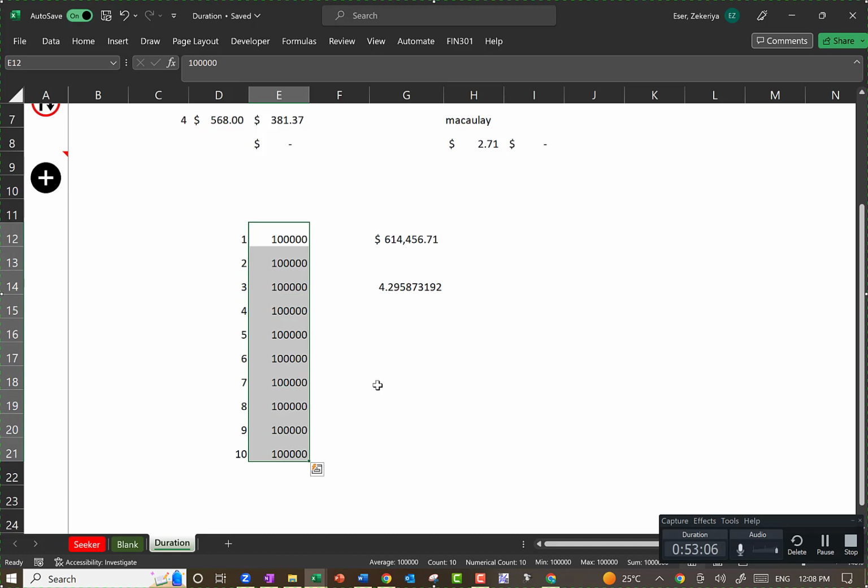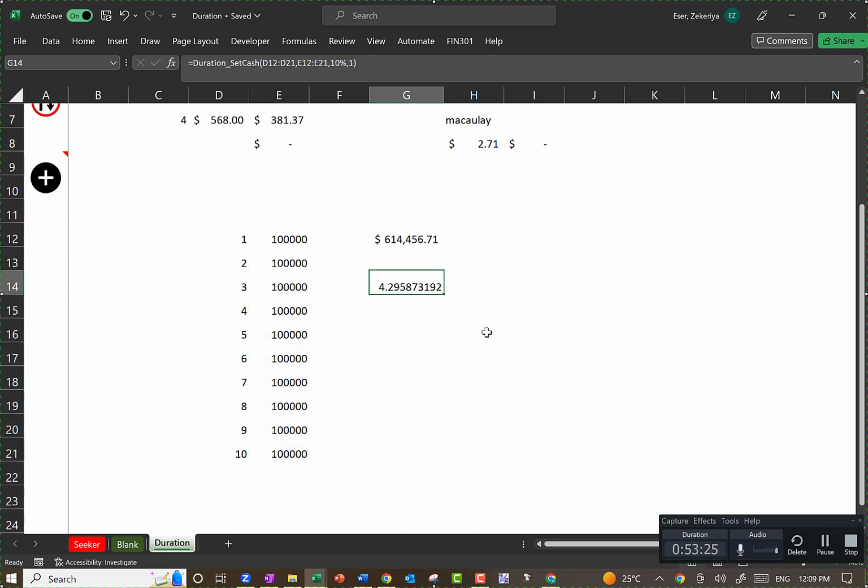If we didn't worry about present value, the average of numbers from 1 to 10 would be 5.5. So on average, on a present value basis, it takes us about 4.25 years to pay back the mortgage. And this is important.